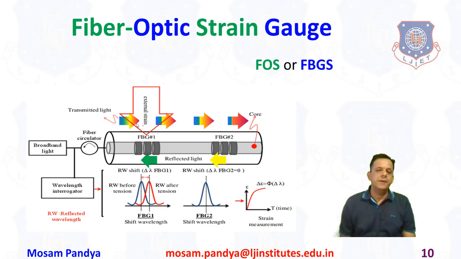It is the different frequencies of the light, and out of that you here see the green color is being reflected back. So before application of tension and after application of tension, that is reflected. It has got a difference, and this blue one is that was before and after.